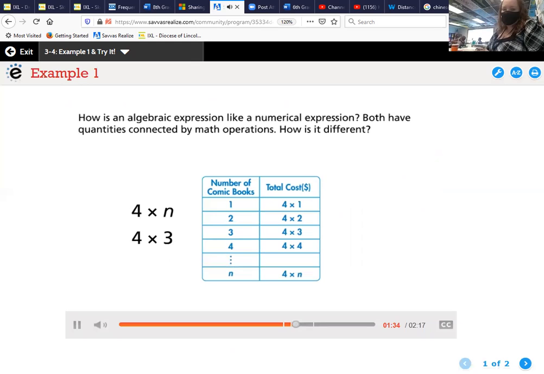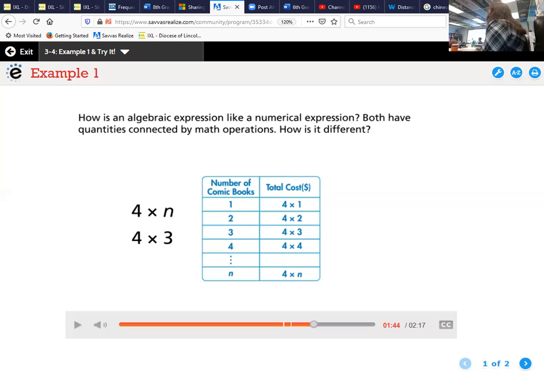How is an algebraic expression like a numerical expression? Both have quantities connected by math operations. How is it different? Okay, how is 4 times n different from 4 times 3? Jack, how would you explain it? N would be a number. Yeah, it could be any number, but 3 is always 3. So 4 times 3 is always going to equal 12. 4 times n has a different answer depending what n is.